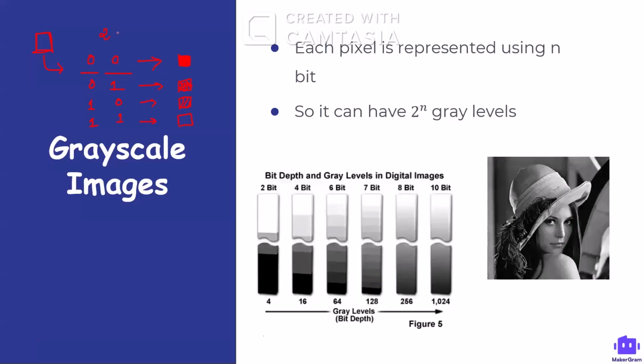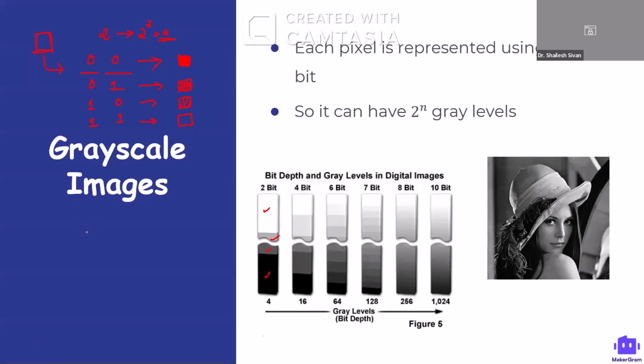So we have 4 levels: the 0 0 level is represented as black, the 1 1 level is represented as pure white, and in between, 2 different shades of gray. So with 2 bits, I can represent 2 raised to 2, which is equal to 4 levels, right?